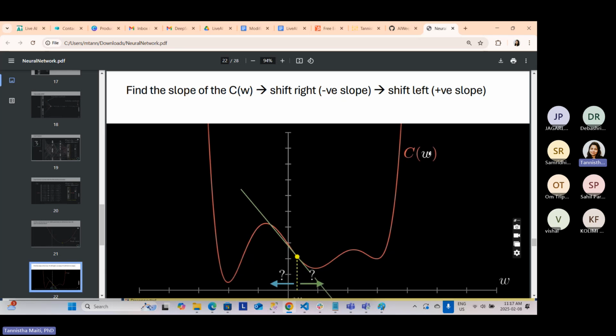Okay. So in this situation, we are considering W to be one value, just one value. However, W is not only one value. So remember, weights and biases, we have around 13,000 parameters.